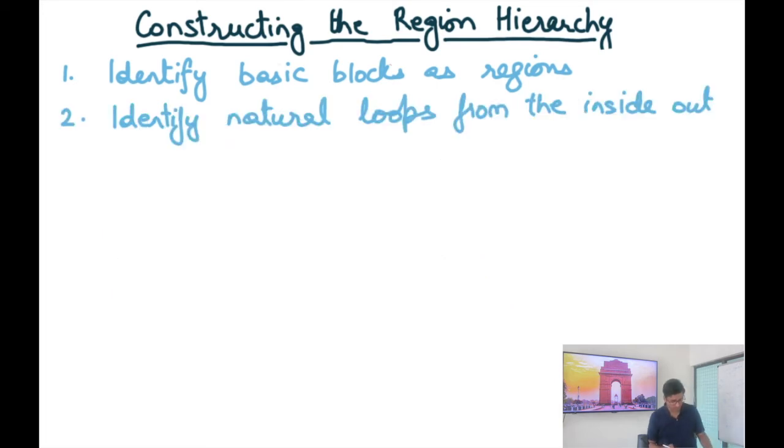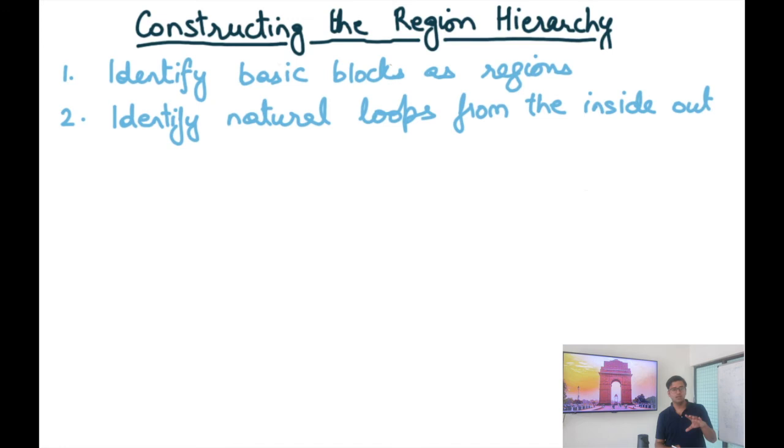Then the next level is that we need to identify the natural loops from the inside out. We already have discussed how to identify natural loops. We identify back edges, then we identify the header of the loop, and based on that we identify all the nodes in the loop. Once we have identified all the loops, we also construct a hierarchy of the loops, and we also discussed how we can call one loop nested within another loop.